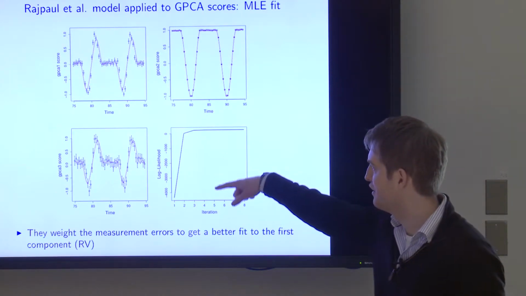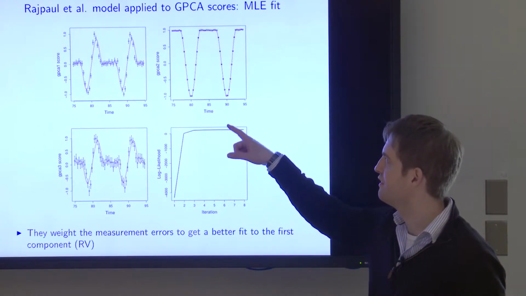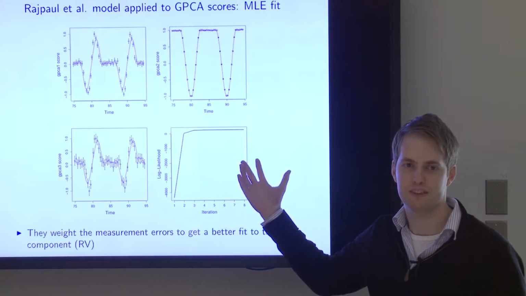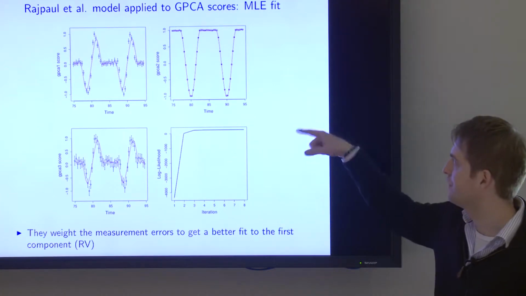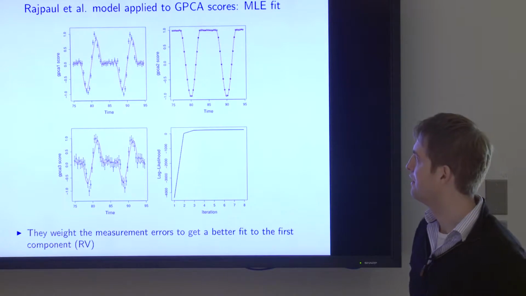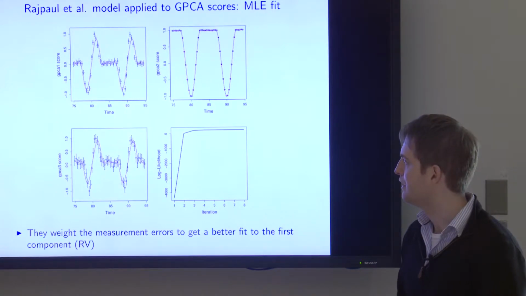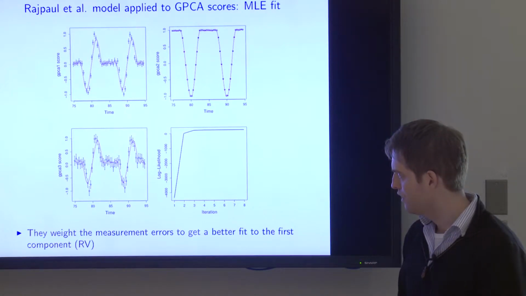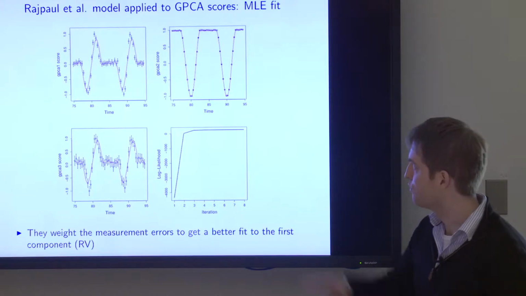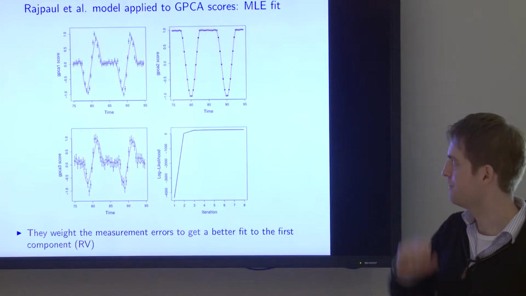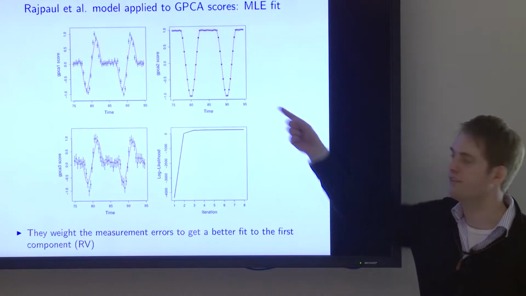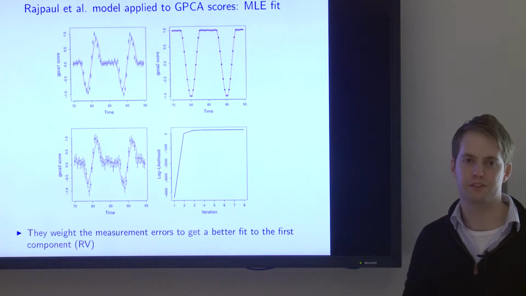This log likelihood is just because I was finding the MLE, so I was maximizing. The red line is the MLE fit for the mean, and then there's also an uncertainty region, but the uncertainties are very small because the standard errors on these observations are very small.